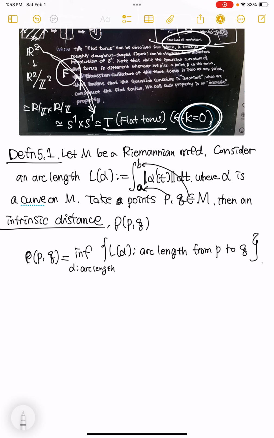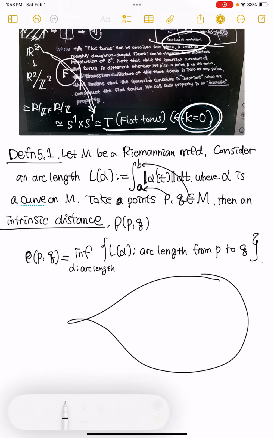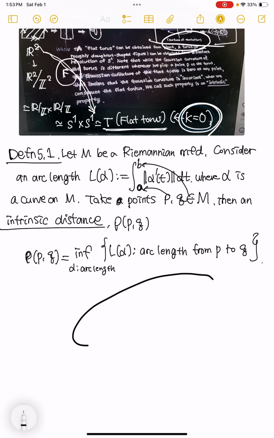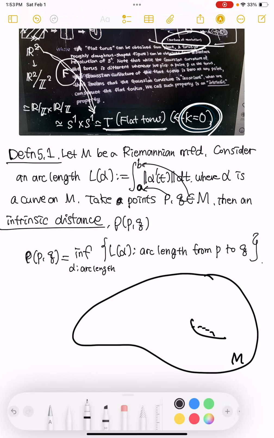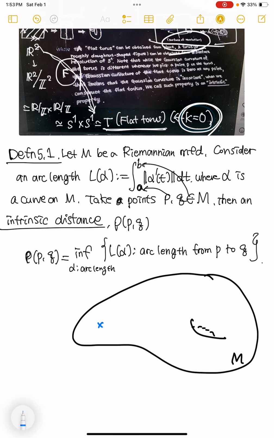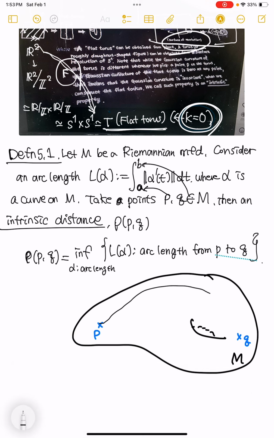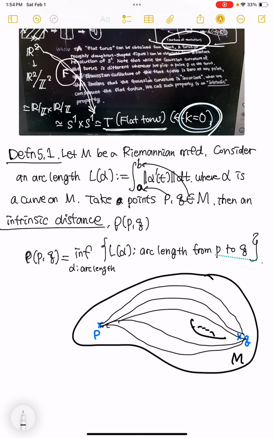Okay, so for example, if you think about a nice manifold M and consider two points P and Q, we can find there are many paths from P to Q, okay?